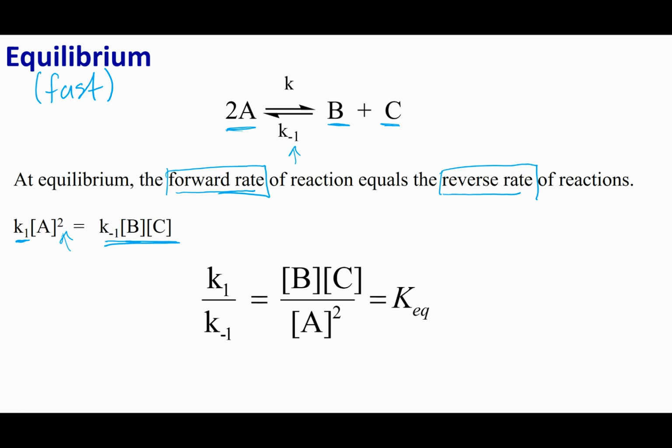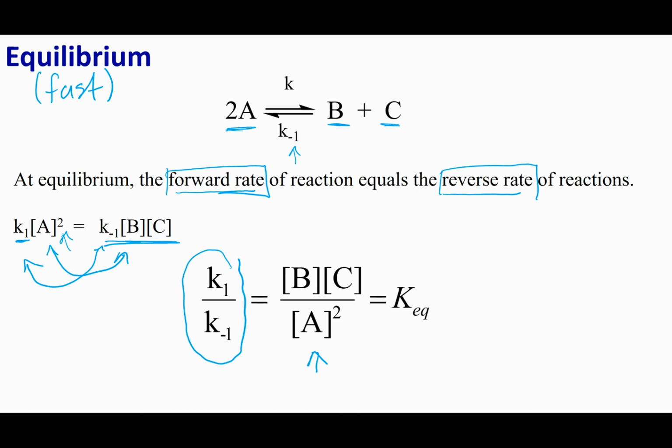Let's do a little bit of manipulation. I'm going to divide both sides by A squared, and then divide both sides by k to the -1. What I get is k1 over k to the -1, meaning the forward rate constant divided by the reverse rate constant, equals BC over A squared. This might look familiar.